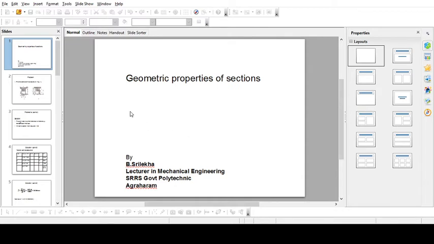Next, the second rectangle is a hollow space, of area 26 into 80. Next, the third rectangle is of area 50 into 8.